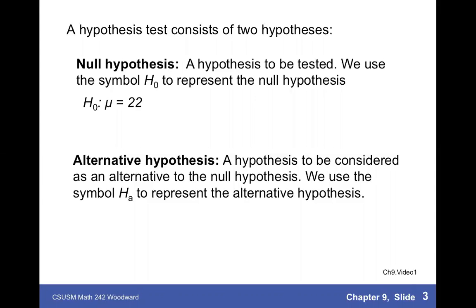Now we have been assuming mu is 22. We now think that it's different than 22. In this case, I'm assuming mu is greater than 22. I'm asking that question. The other alternative is mu is less than 22, and the third alternative, of course, is mu is not 22.